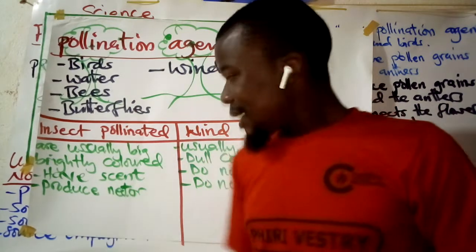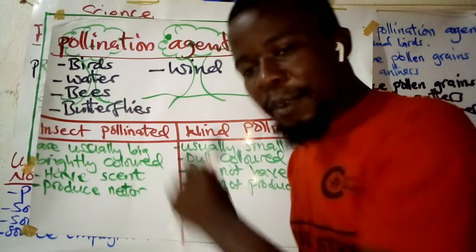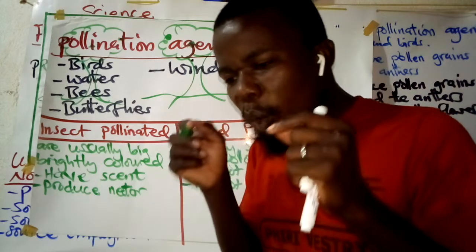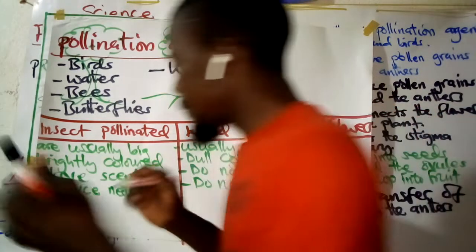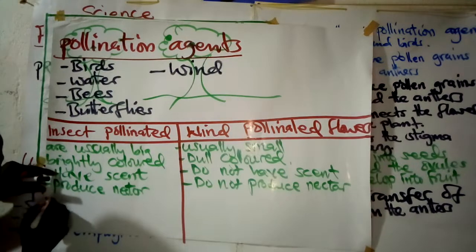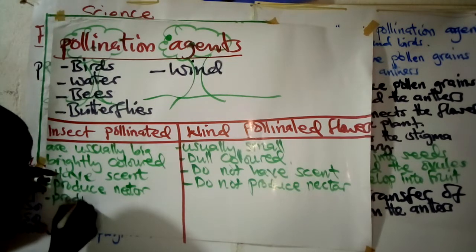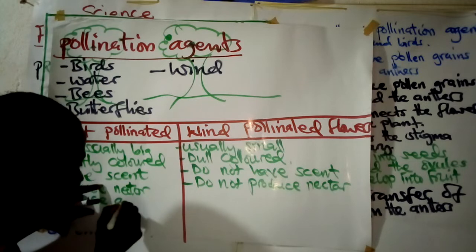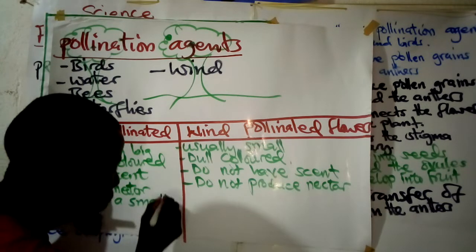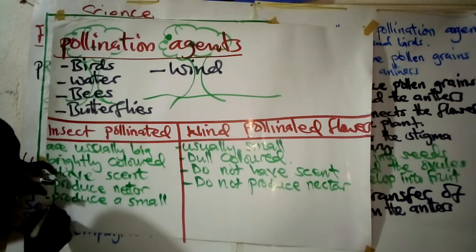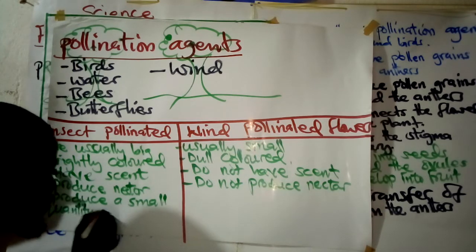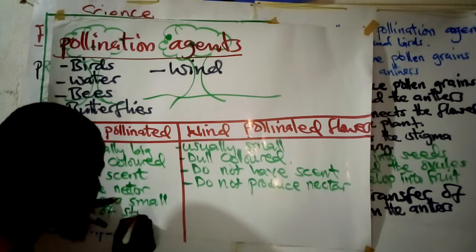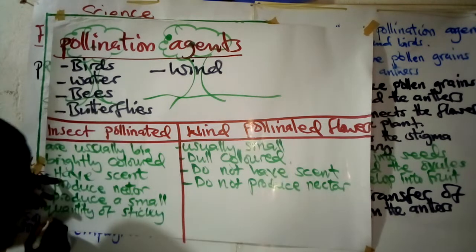Another thing is that the insect pollinated flowers produce a small quantity of sticky pollen grains.